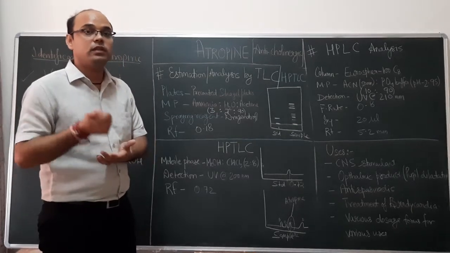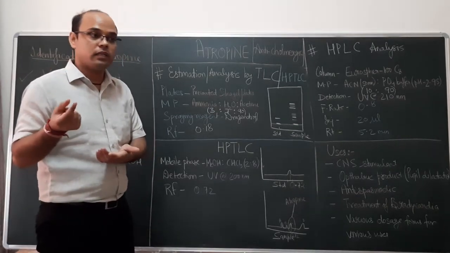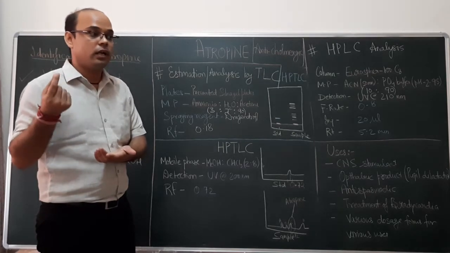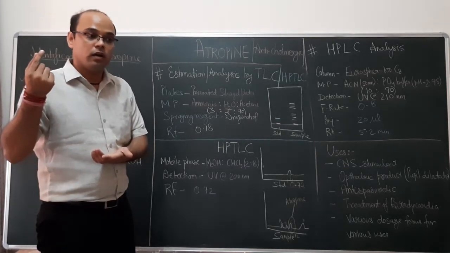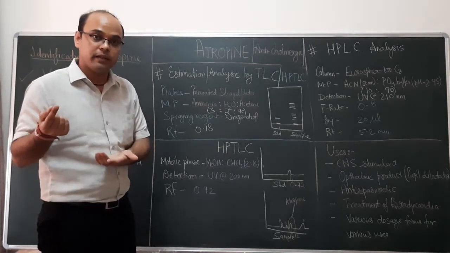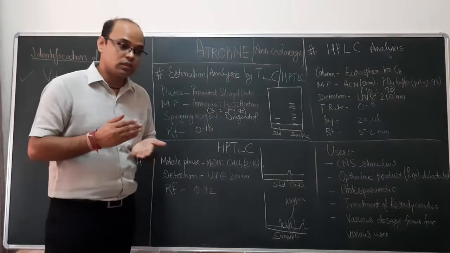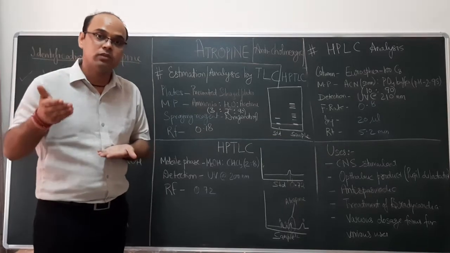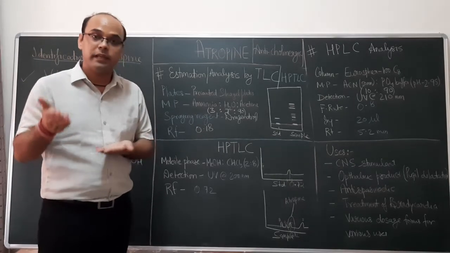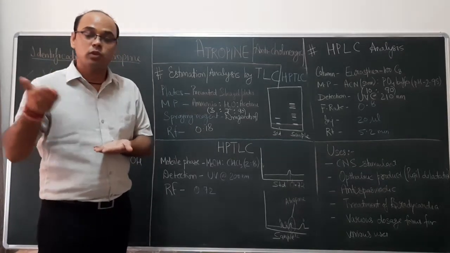After spraying with Dragendorff's reagent, the alkaloids show an orange-red precipitate. But here in the case of TLC, it has shown some dark bands on the TLC plate opposite to the standard.